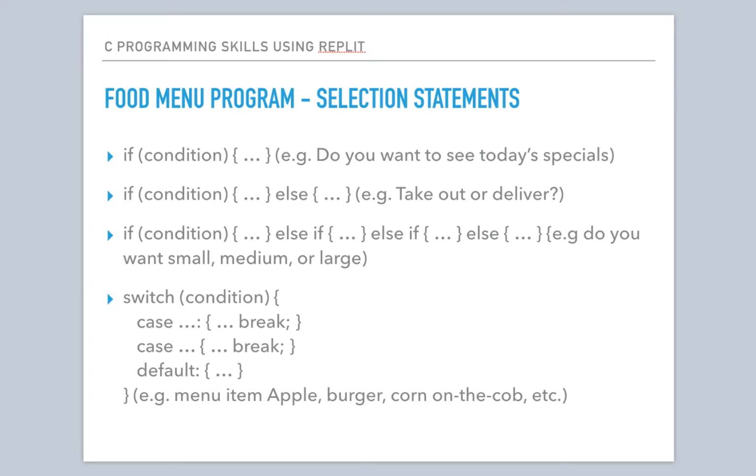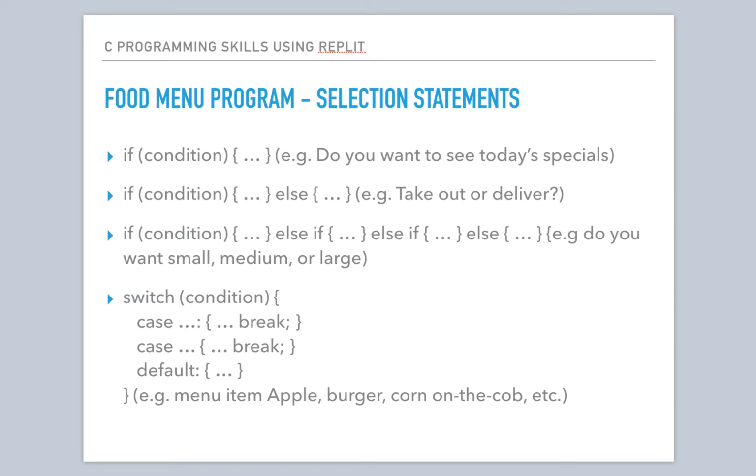You want to check multiple things. An example is you may want to say, if you're paying by credit card, do this. Else if you're paying by cash, do this. Else if you're paying by crypto, do this, and so forth. So if, else if, and then an else as the final ending. And remember, we're going to write code so you can see all of these in action so you'll get experience with them.